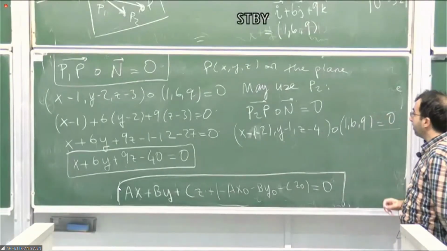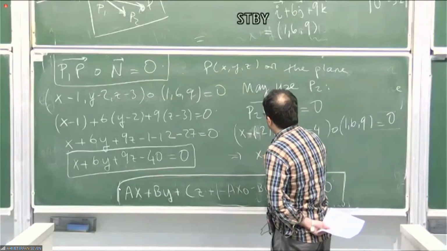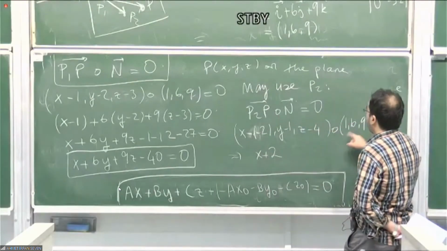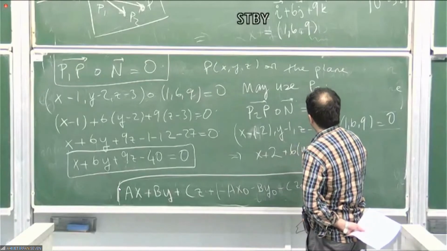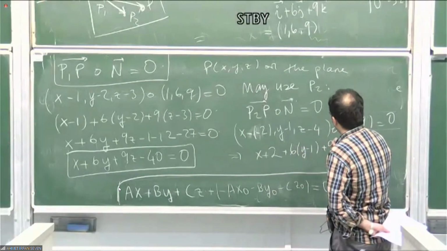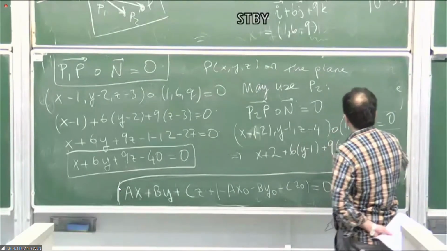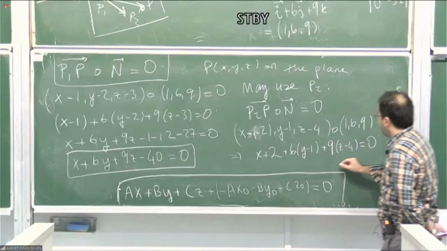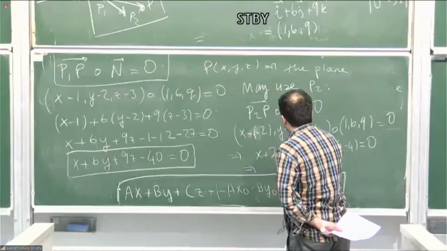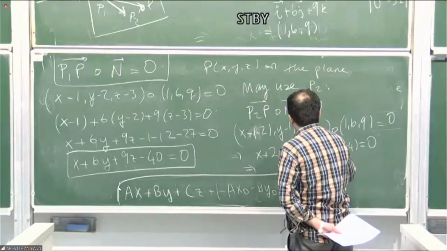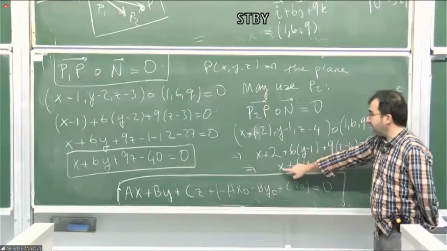And let's expand this out now. So I'm going to have x plus 2 and then plus 6 times y minus 1 plus 9 times z minus 4 equals 0. So from here we get x plus 6y plus 9z, just like we expect, right?